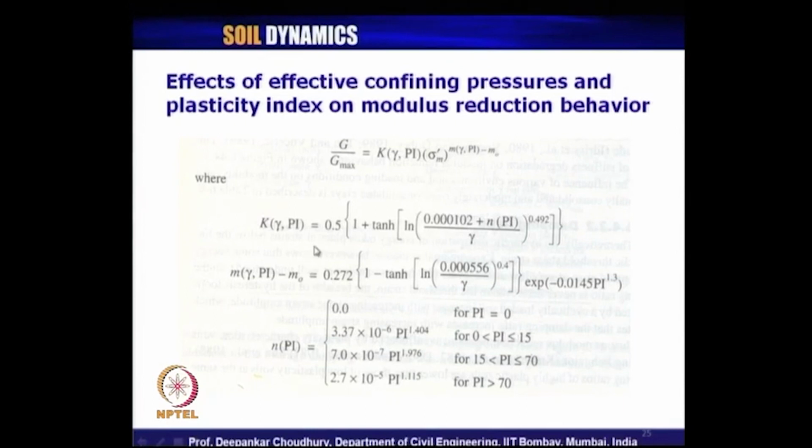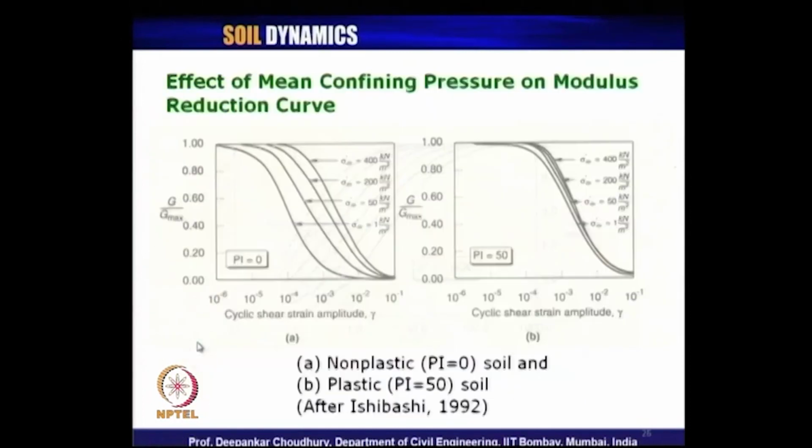So, these are the relationships obtained from the laboratory test results, which we have shown just now. From those curves, they have plotted and formulated a generalized equation to compute the value of G by Gmax at any strain level and for any particular value of plasticity index.